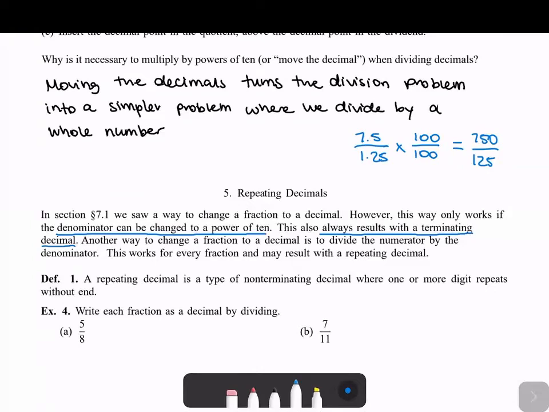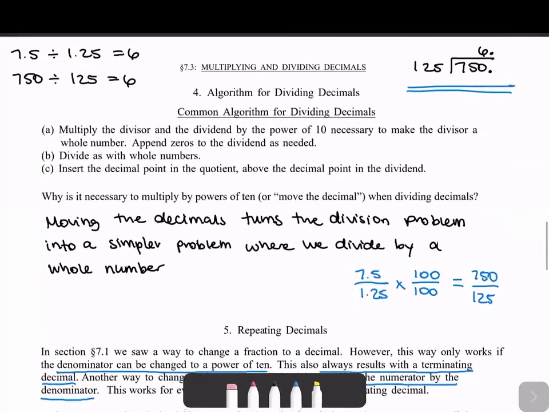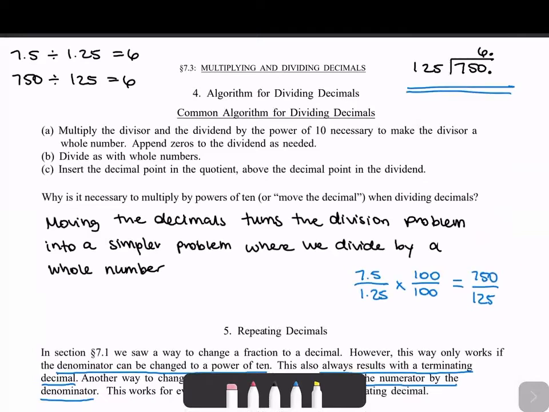Another way that we can change a fraction to a decimal is to just divide the numerator by the denominator, so actually do the division problem that's implied by the fraction notation. We just did that up here, where we took 7.5 divided by 1.25 and wrote this division problem as a fraction, because there's an implied division in fractions.